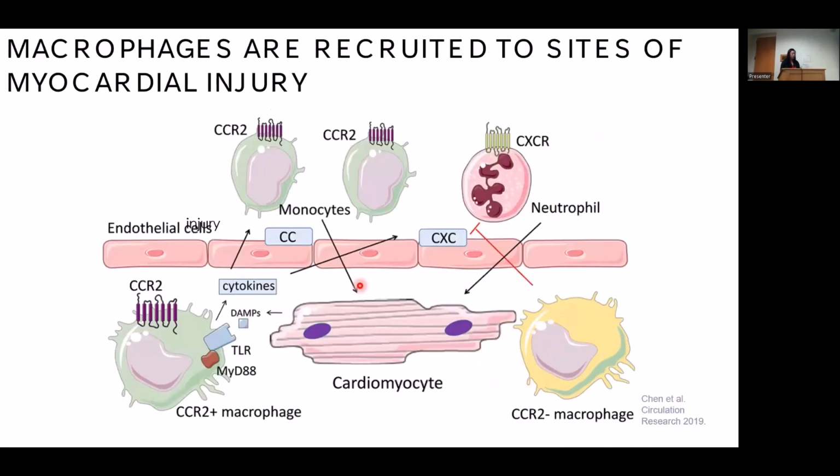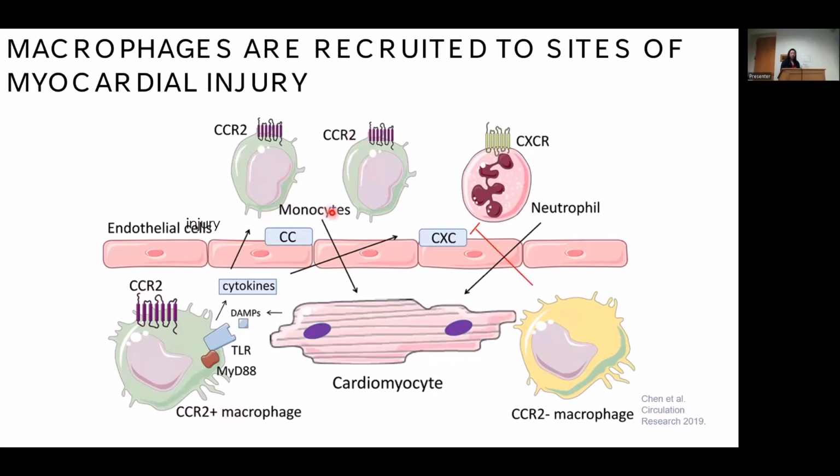And then one more example that gets to the nuances and how difficult it might be to figure out exactly what macrophages are doing at different stages of disease. From the studies of myocardial injury and myocardial ischemia, we know that recruited macrophages, which are CCR2 positive and come from the bone marrow, are called into the heart, crossing through the blood vessels into the heart tissue.